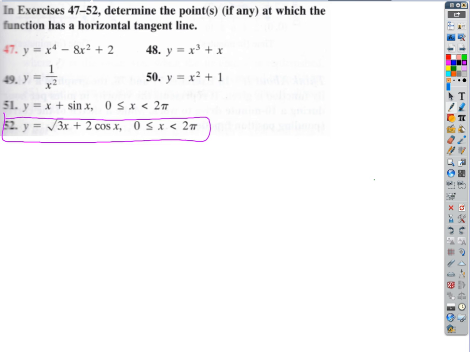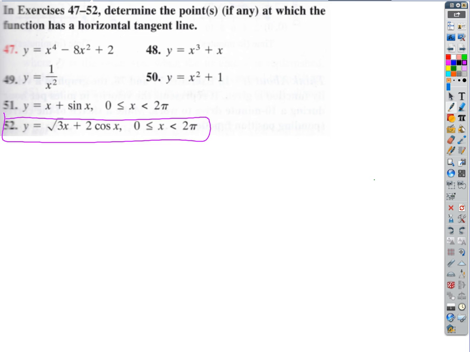So here's the other issue that's going to come up on assignment 2 and assignment 3 for this section: determining the points, if any, at which the function has a horizontal tangent line. That must sound like a bizarre, contrived problem, but this is one of the holy grails of calculus. In the near future, we're going to specifically go hunting for these places on curves.